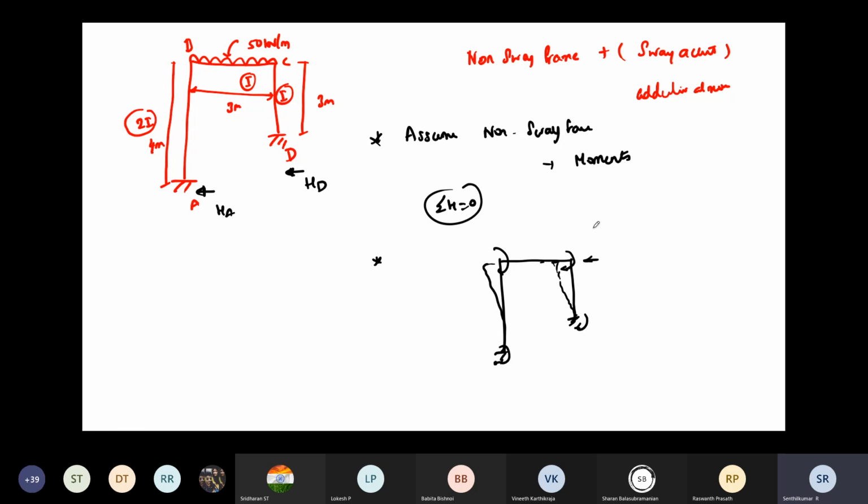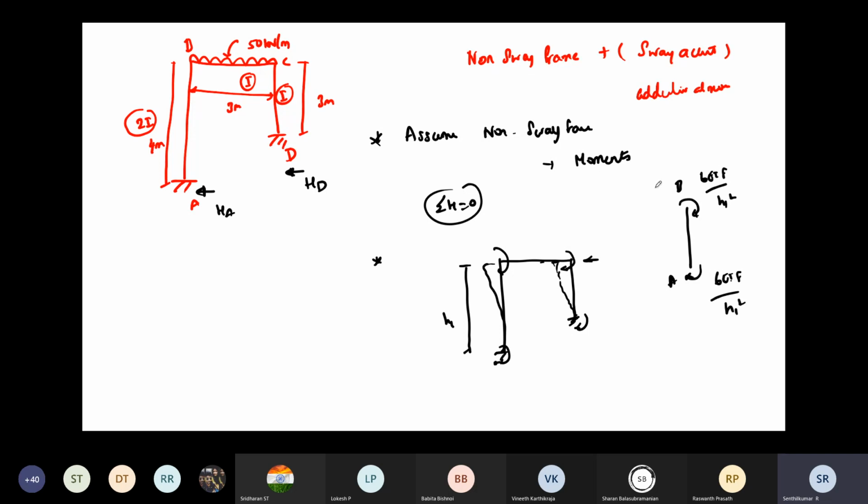So when you are doing like that, if I want to find out, I'm taking A and B alone. This is A and B. Here this is clockwise, this is clockwise moment, right? This is nothing but 6EI delta by H1 square, and this is again 6EI delta by H1 square.